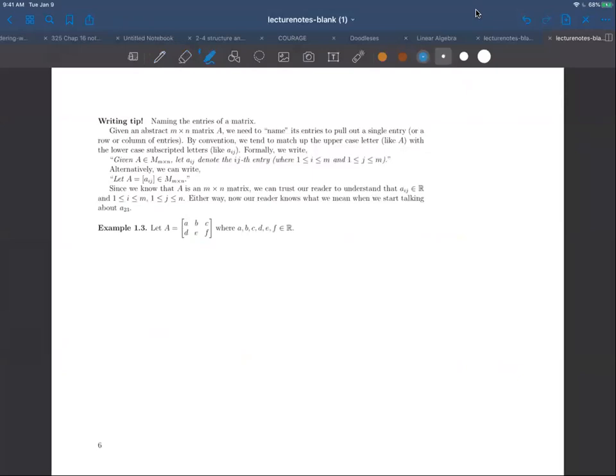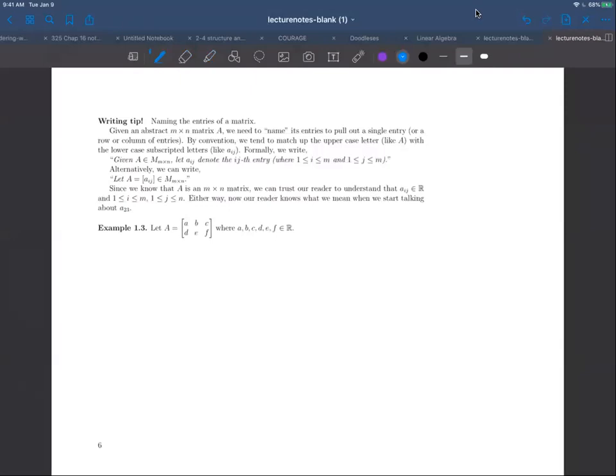I want to give you a writing tip for when you're writing about matrices in LaTeX. If I give you a matrix A, I say, all right, this is just some matrix A. It's an M by N matrix. If I don't want to use the bracket notation, right?